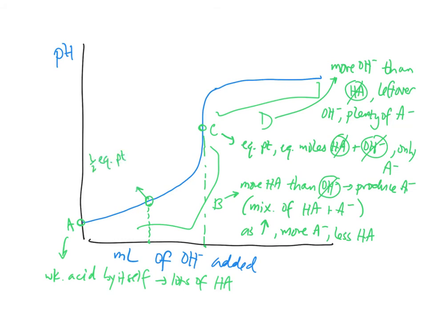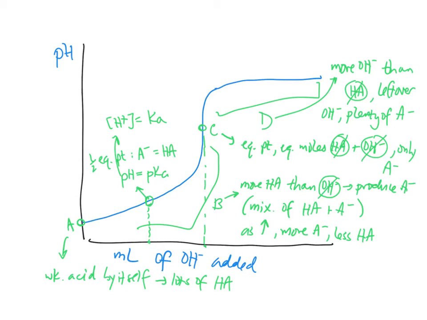At the half equivalence point, as we've talked about before, the amount of A- equals the amount of HA, and that is of mathematical interest, because at that point pH equals pKa, or as we might say, H+ equals Ka. That's a very interesting point, and mathematically a very useful and easy point from which to do some calculations. So it's something to know and appreciate as you go on.